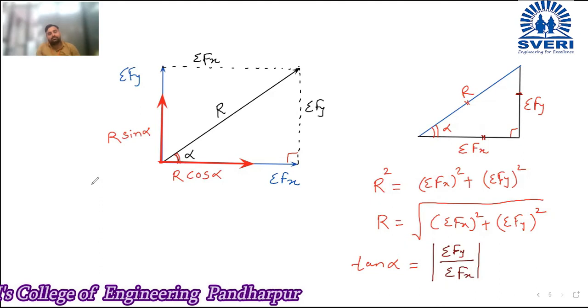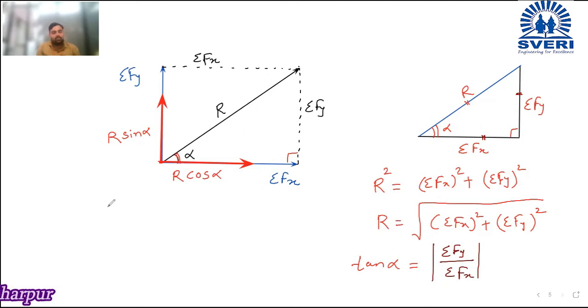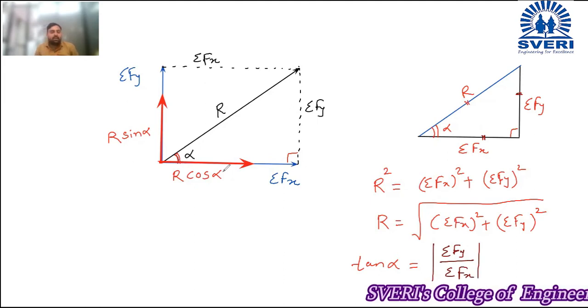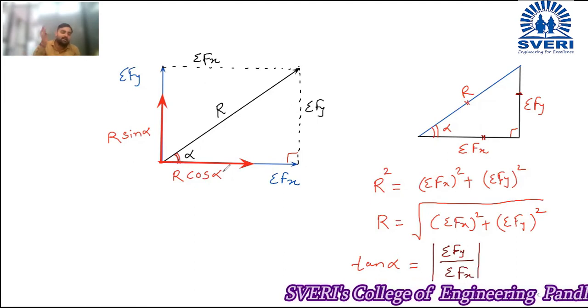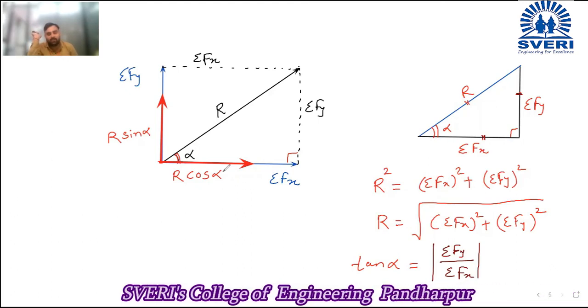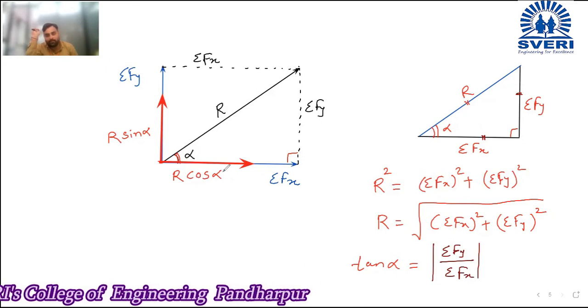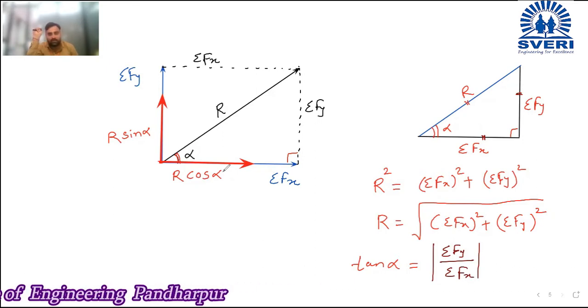Is it clear? Yes, sir. Okay. So in other words, summation fx is nothing but R cos alpha, the x component of the resultant, and summation fy is nothing but R sin alpha. Summation fx is equal to R cos alpha and summation fy is equal to R sin alpha. Correct?